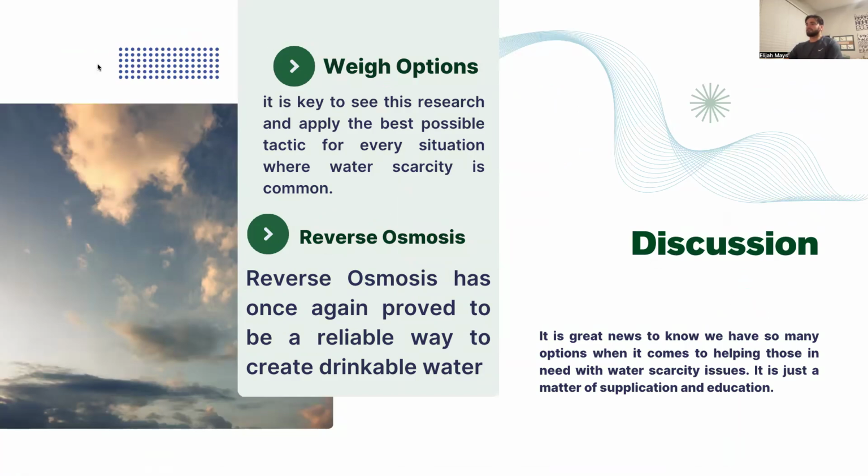So, just discussing the main things with this study, it's going to be really important to weigh options with many of these places that have water scarcity issues. It's key to see these many people doing this research and to apply the best possible tactic.